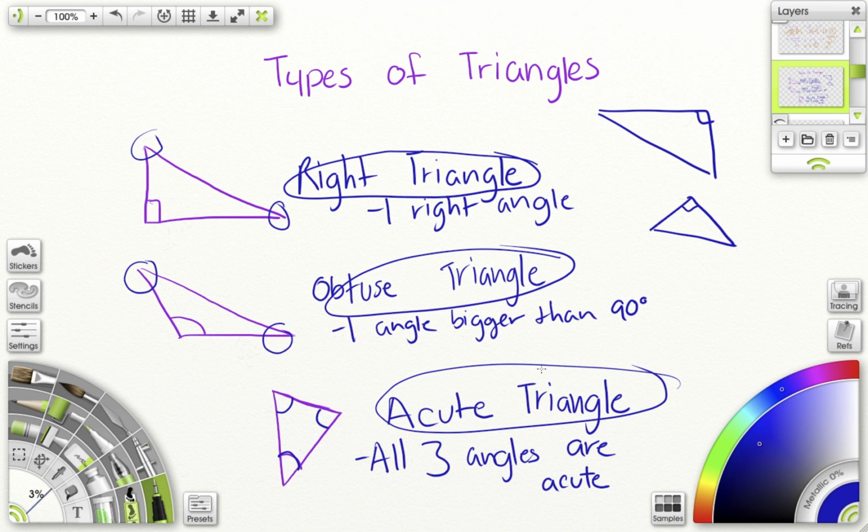Next time we're also going to be working on triangles again, but we're going to be talking about other names that triangles can go by. But for now, we're keeping it to the types of angles. So similar to the sheet that you had last time, where you basically just wrote out the types of angles that they were, you're going to be given a bunch of triangles and you write out the types of triangles that they are.